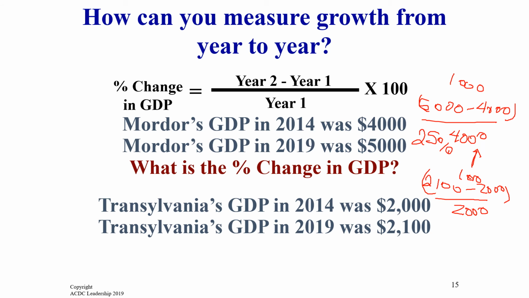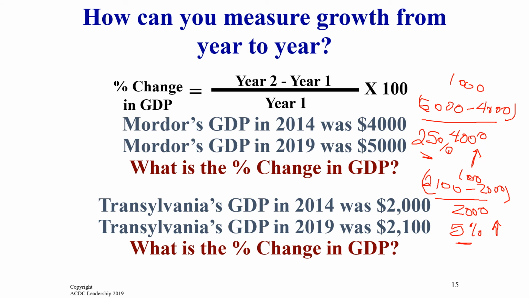And that's going to give us 5%. So that's 5% growth. This is highly unusual. Even this is highly unusual. Not unheard of, but unusual. Most countries grow GDP by like 2 to 3%, especially large economies. Something catastrophic must have happened to Mordor for them to get a 25% increase in GDP.